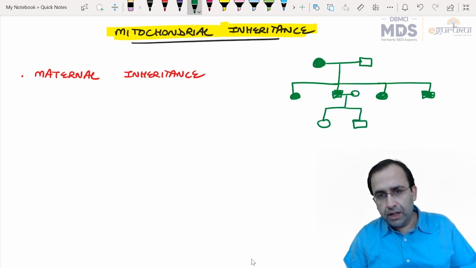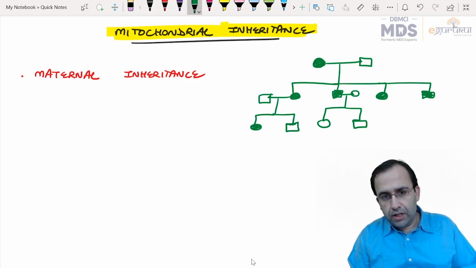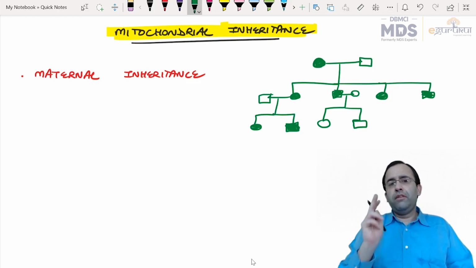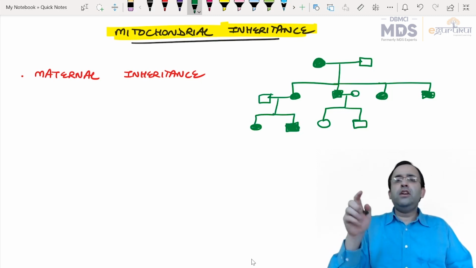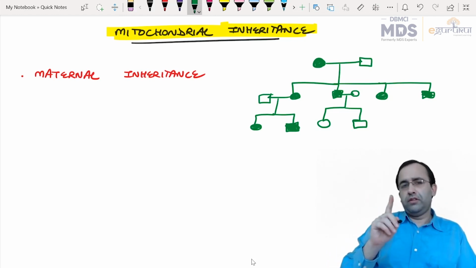This is mitochondrial inheritance. I need not even tell you that the round circle is female, square is male. Mother is affected, all the kids are affected. Father is affected, none of the kids are affected. It is maternal inheritance. First point.